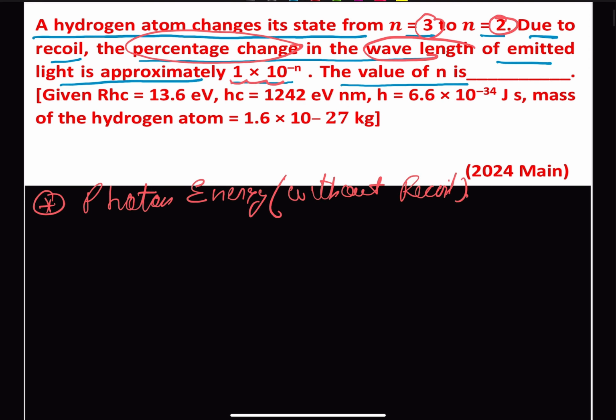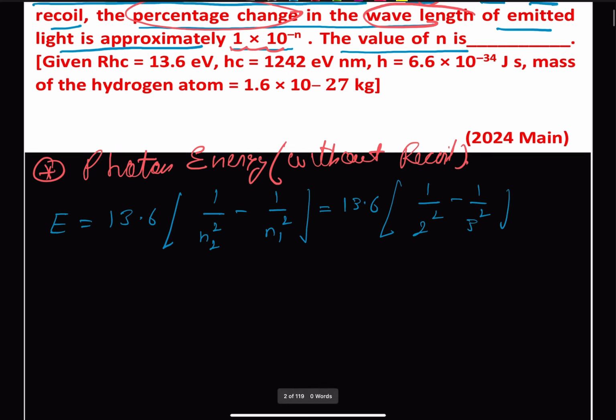And the transition is from 3 to 2, therefore we can use the standard formula, that E is equal to 13.6 times 1 upon n2 square minus 1 upon n1 square, and this comes as 13.6 times 1 upon 2 square minus 1 upon 3 square.